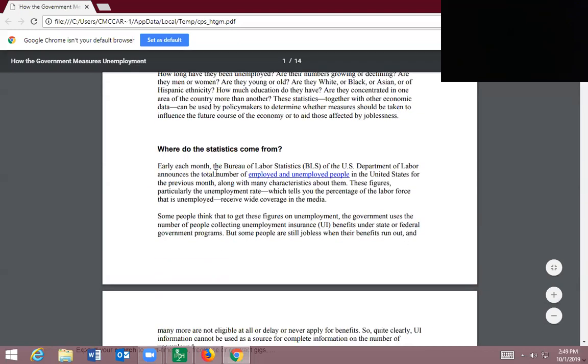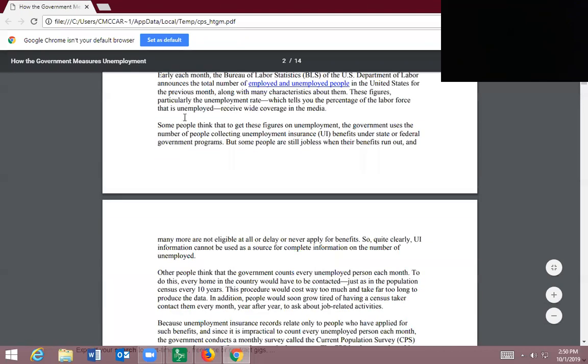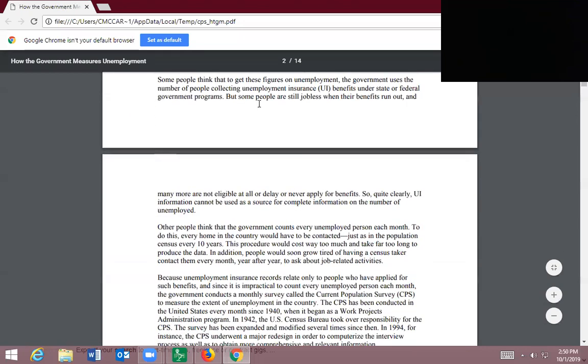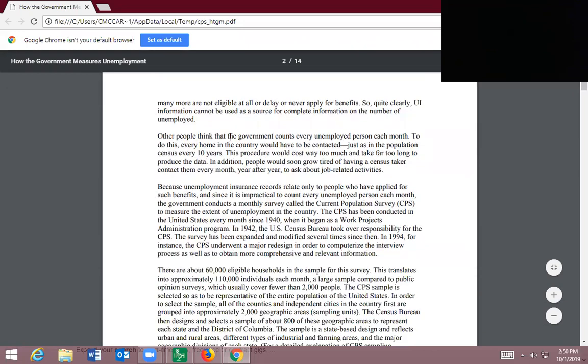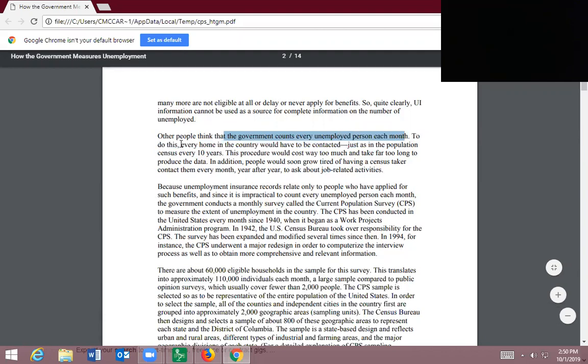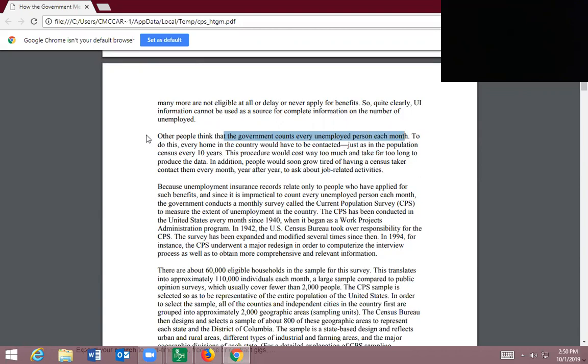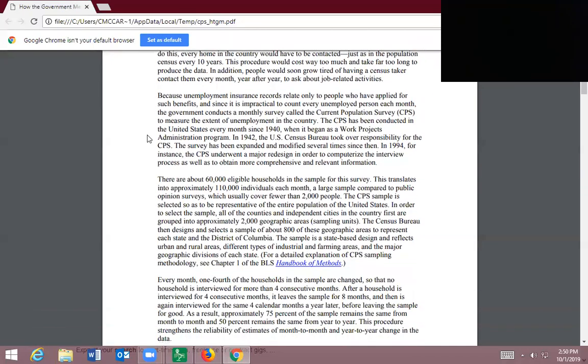Okay, so each month, the government uses the number of people collecting unemployment benefits. They don't use that. Other people think they count every unemployed person every month. But in order to do that, we'd have to contact every home in the country. We only do that every 10 years in the census. It costs way too much and takes far too long.